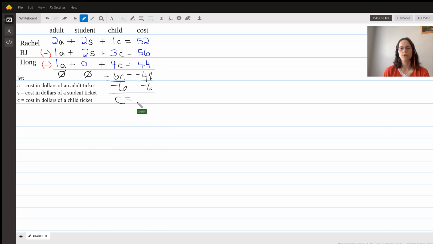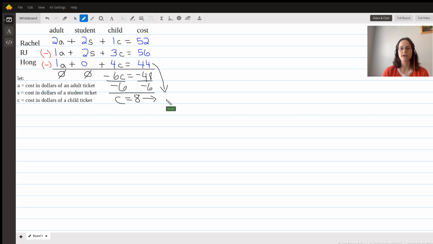Which, looking back at where we defined our variables, means that the cost of a child's ticket is $8. If we take that information and combine it with this equation, because this equation only has 2 unknowns, it's got A and C, but we just found out what C is.